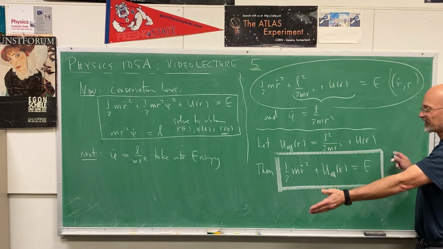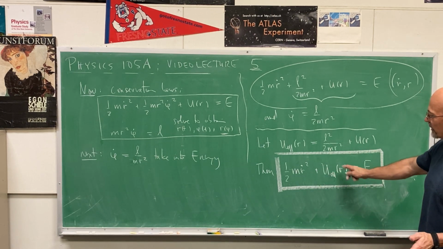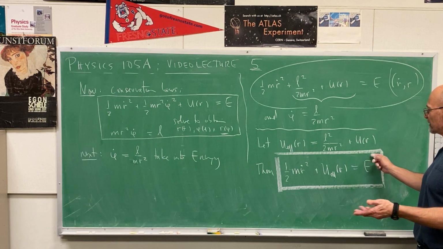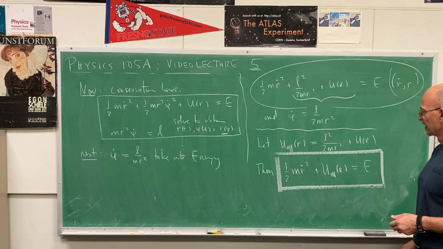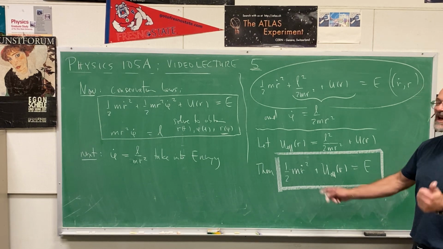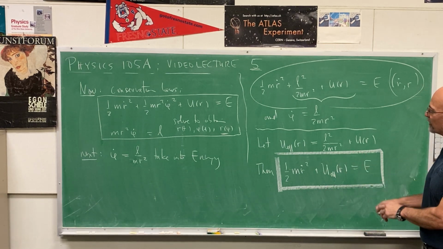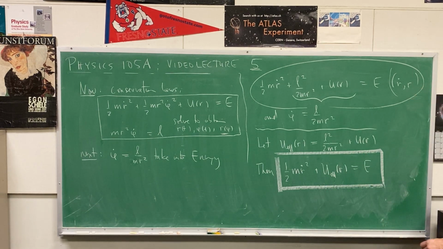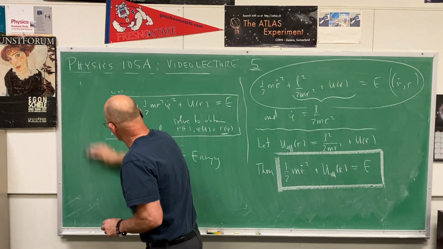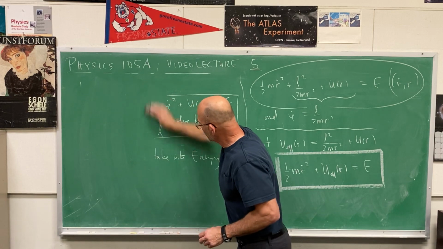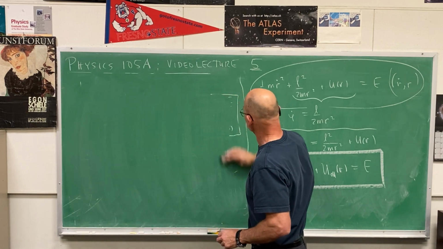Everything we learned before when we were doing conservation of energy in one-dimensional problems, we can apply here. Periods, oscillations, everything is part of this as well. So let's leave this up and do the example that I'm looking to do.